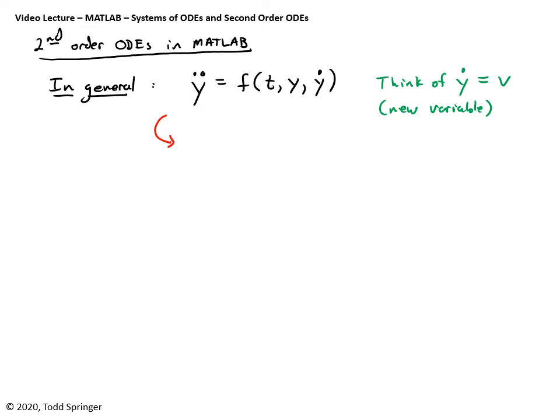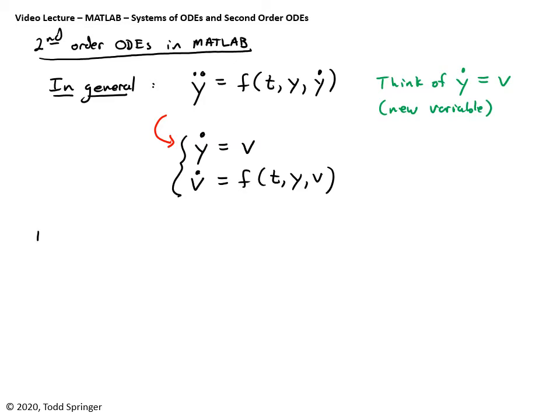Let me write the first one like this. The first one's going to be y dot is equal to v. And the second one is v dot is equal to f of t, y, and v. So I have this system now. And then I can use all the techniques from before.